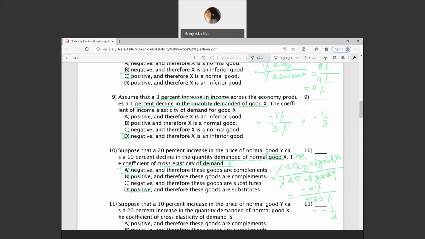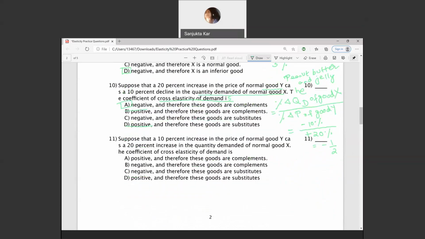If the price of good Y increases, we are going to buy less of good Y, and at the same time, we are going to buy less of good X. So here I'm going to think about two goods. I'm going to think about peanut butter and jelly. Milk and cereals can be another example. And these two goods are complements.